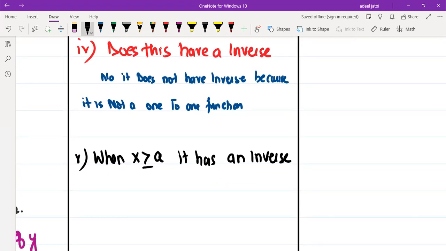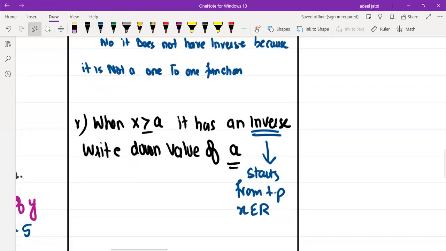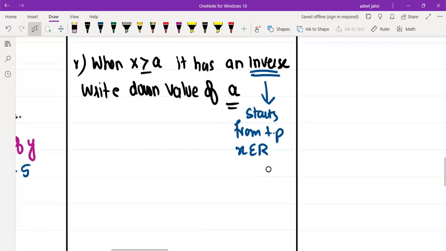Write down the value of a. So now you need to understand that your inverse starts from the turning point when x is an element of the real numbers.